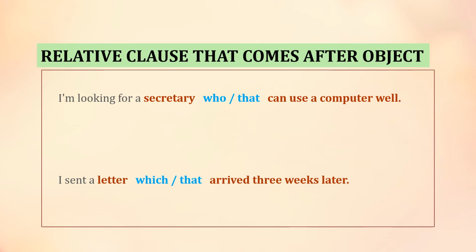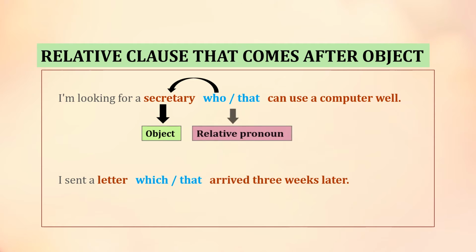Let us observe these two examples which are stating that relative clause comes after the object. Here: I am looking for a secretary who can use a computer well. Here in the place of who we can use that also. So secretary is an object. So this who is speaking about the secretary. Who or that is a relative pronoun in the sentence. And so who can use a computer well becomes a relative clause.